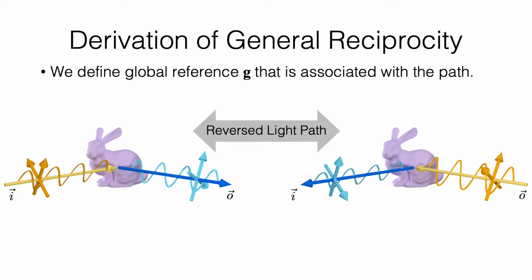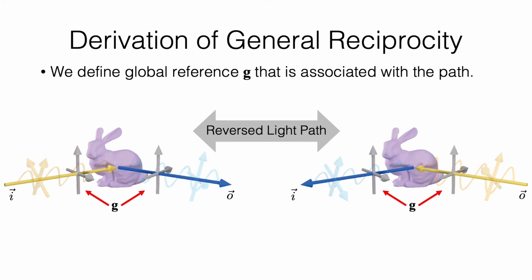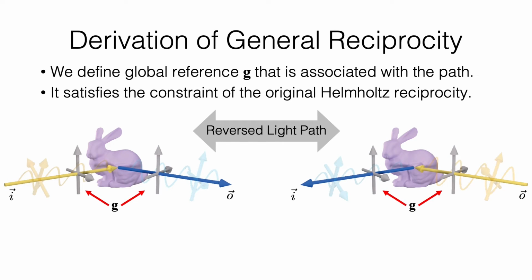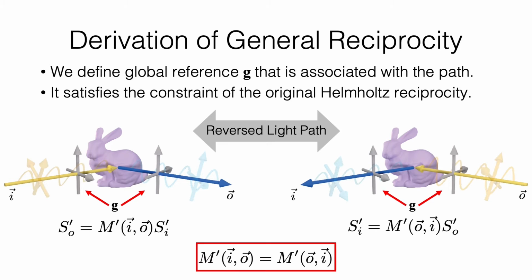In order to apply the original Helmholtz theorem, we define a global reference that is associated with the path, such that it satisfies the constraint of the original Helmholtz theorem. Therefore, the polarimetric BRDF M' that is computed under this setting obeys the reciprocity principle.